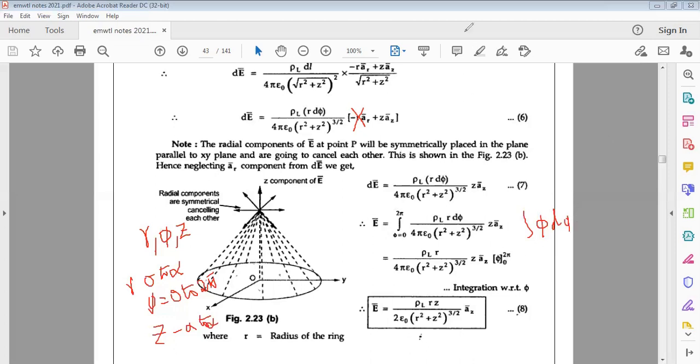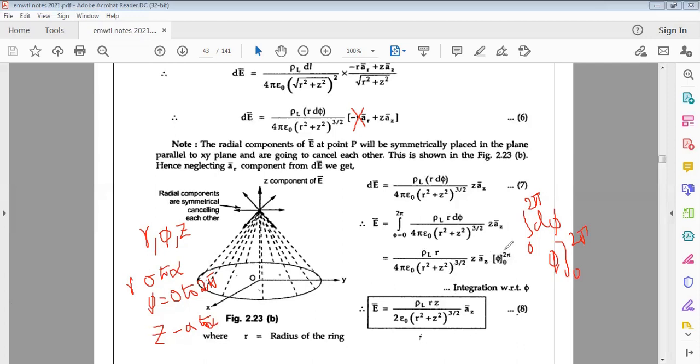There is no phi in the rest, sorry. Integral d phi only, from 0 to 2 pi. So integral d phi is phi with upper limit 2 pi and lower limit 0. Got it, my students? The lower limit is 0, so only the upper limit 2 pi remains.